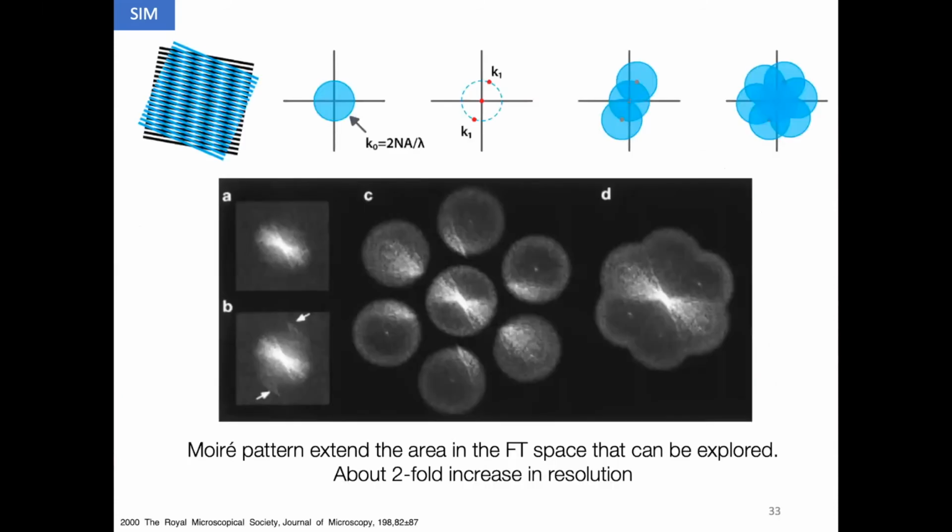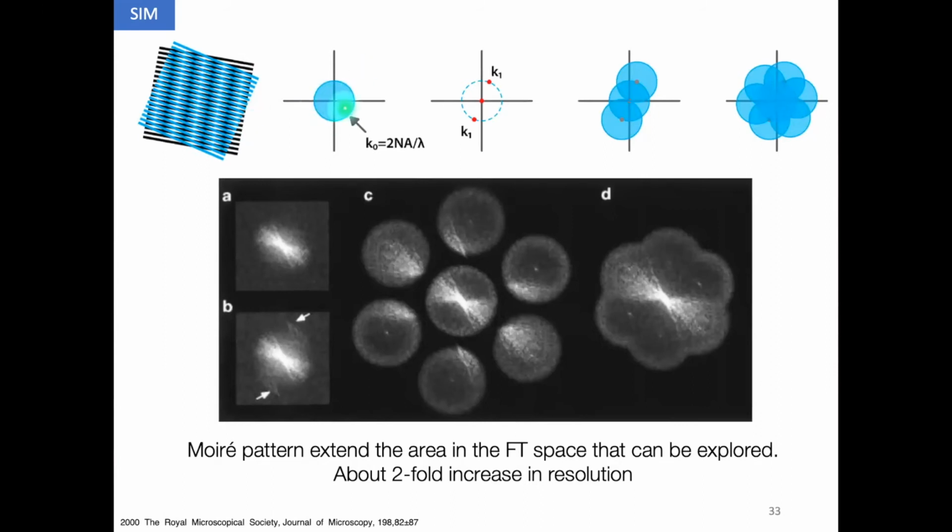Okay, so what is happening? This is again the Fourier space, right? I have my zone, which is limited by my numerical aperture and the wavelength of the light. So when you overlap your light in a structured way, so for example, you see in this image, I have a very fine spacing between these two patterns, and you see that bigger lines emerge, right?